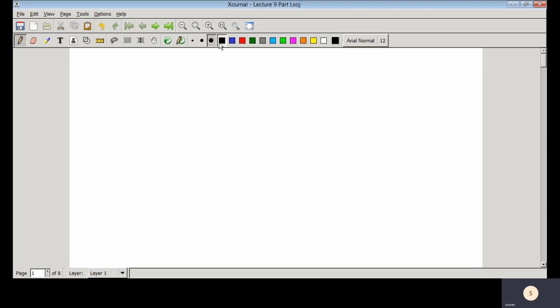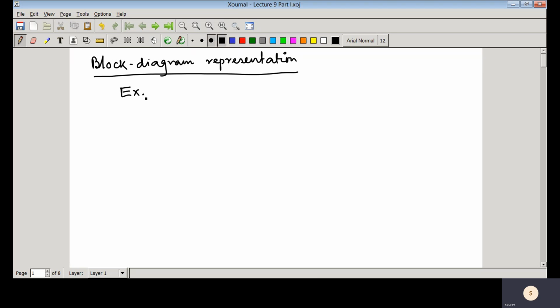Block diagram representation. The first example is: you have a plant here, G1, and another plant here, G2.